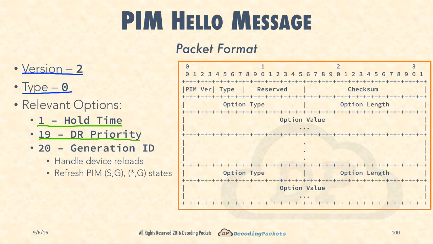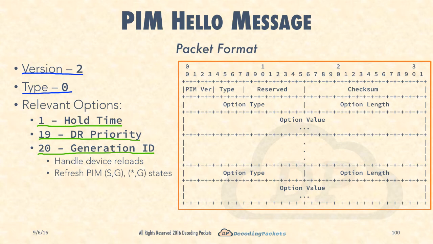The last thing here to be aware of is something called the generation ID. This is option 20, generation ID. And this is to basically handle graceful restarts. Anytime a device reloads gracefully, that means the forwarding plane wasn't broken, but for the control plane, maybe a supervisor switchover had to take place, or you just had to restart the PIM process on a device.